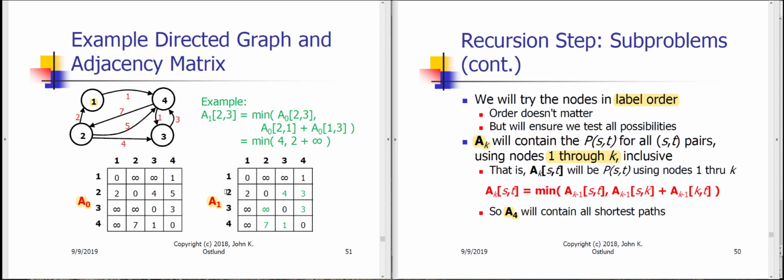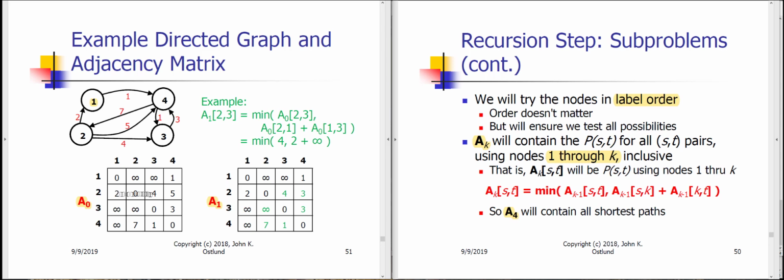What is the shortest path from node 2 to node 3 if we are now allowed to consider an intermediate step through node 1? Well, the shortest path from node 2 to node 3, if we're allowed to use node 1 as an intermediate step, is going to be the shortest path that we currently already know from the adjacency matrix, A sub 0, 2, 3.